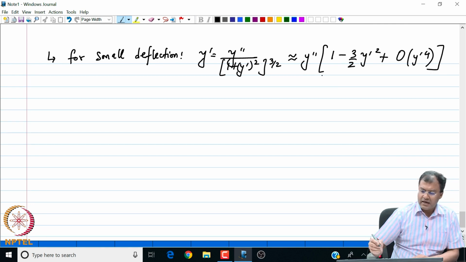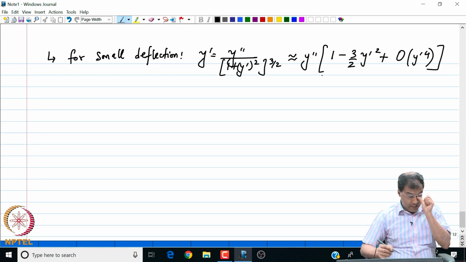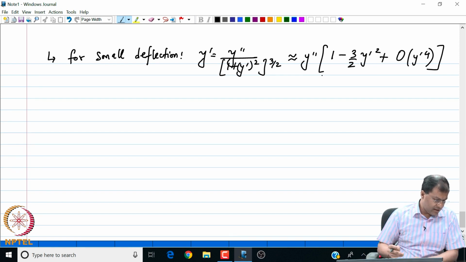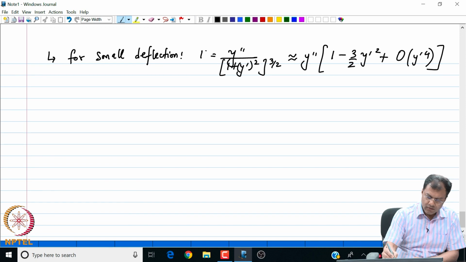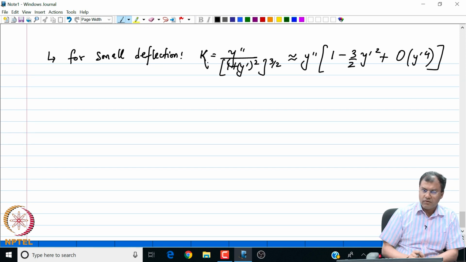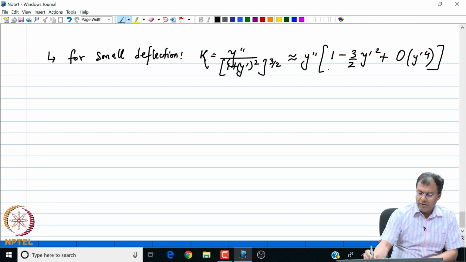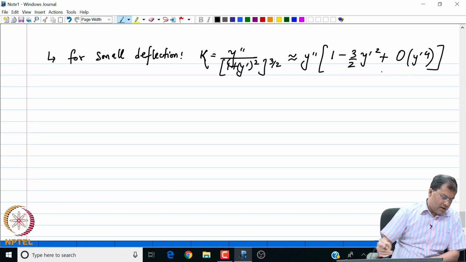Note that this is my curvature now. So my kappa of s, taking the square root of the previous result, comes out to be y double prime plus some higher order terms which will vanish if the slope is small.